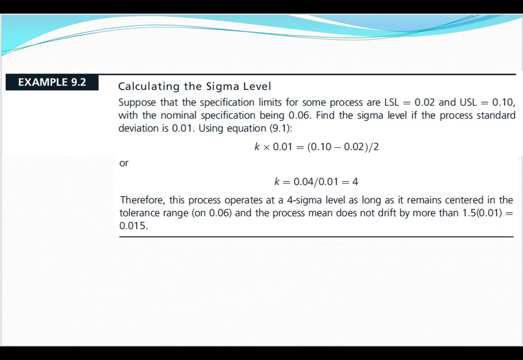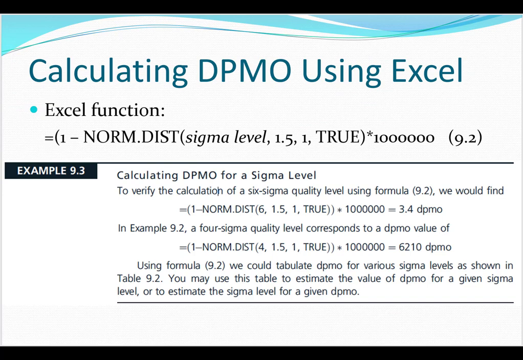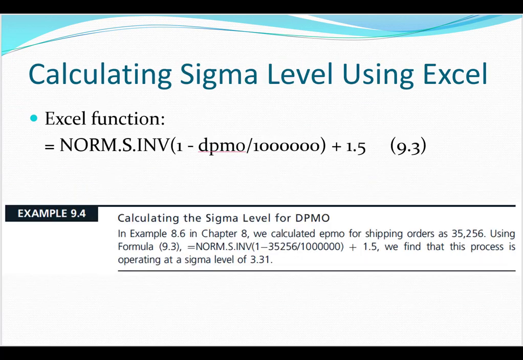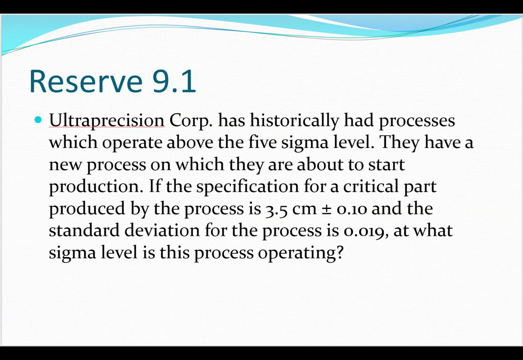So with that, there are a couple of examples in your book that I'm not going to cover, but here's Exercise 9.1, and it says Ultra Precision Corporation has historically had processes which operate above the 5 sigma level.